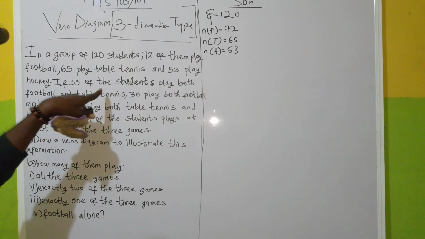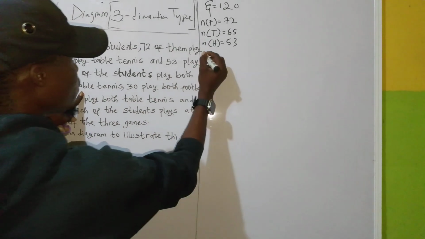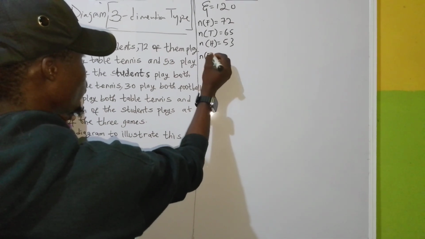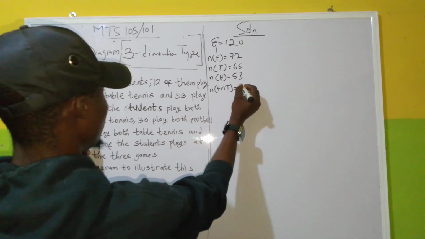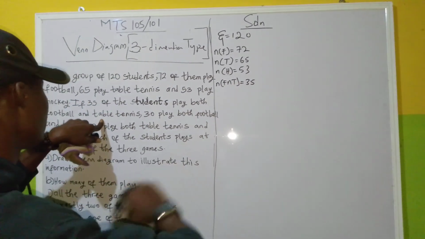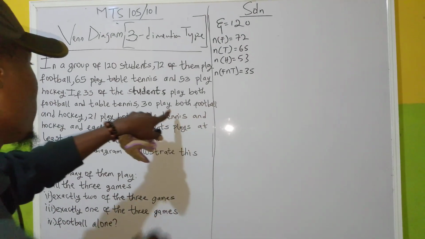If 35 of the students play both football and table tennis, number of football and table tennis is 35. And 30 play both football and hockey.